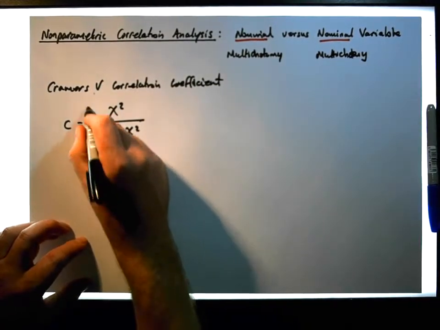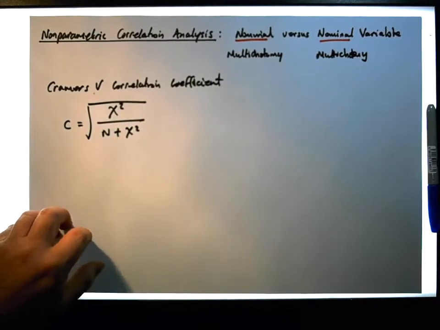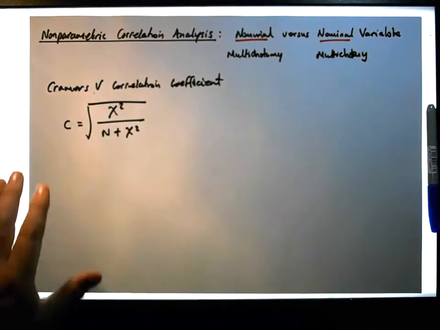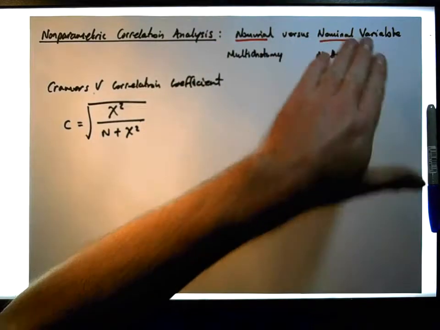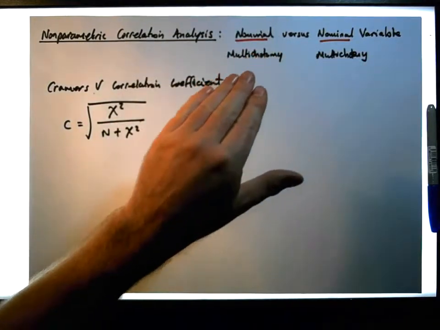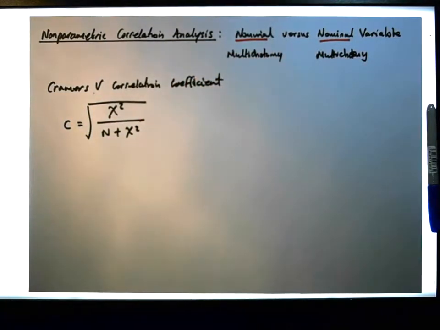So this is the formula for calculating the correlation coefficient between two nominal variables where each variable has more than two levels of measurement.